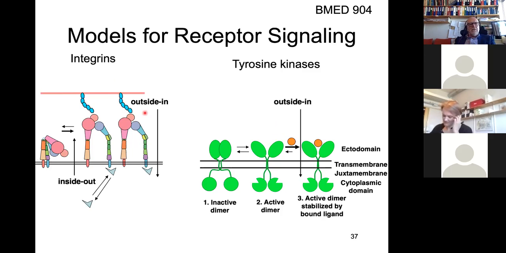Integrins are involved in two types of signaling. When the signal comes from the inside, it's called inside-out signaling, and when the signal comes from the outside, it's outside-in signaling. Both of these types of signaling are transmitted across the membrane via conformational changes.